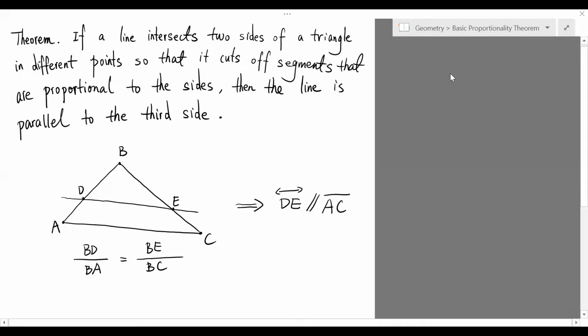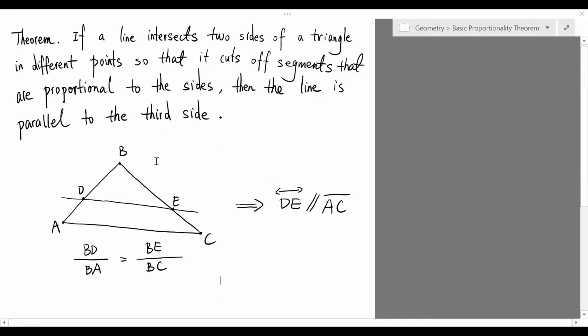The second result is indeed the converse of the last theorem. It says that if a line intersects two sides of a triangle in different points so that it cuts off segments that are proportional to the sides, then the line is parallel to the third side.